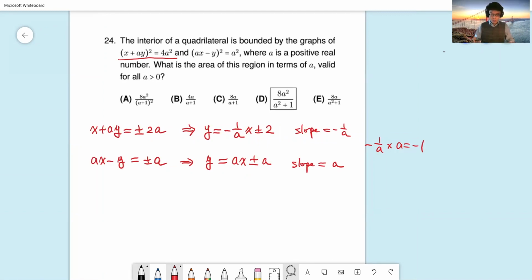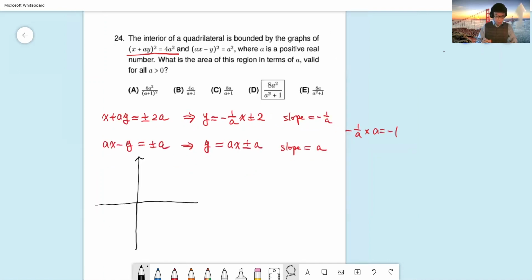Okay, so we draw some curve here. Let me draw a system. This is x, this is y. For the first two curves, the slope is negative because we consider a is positive, so the slope is negative.